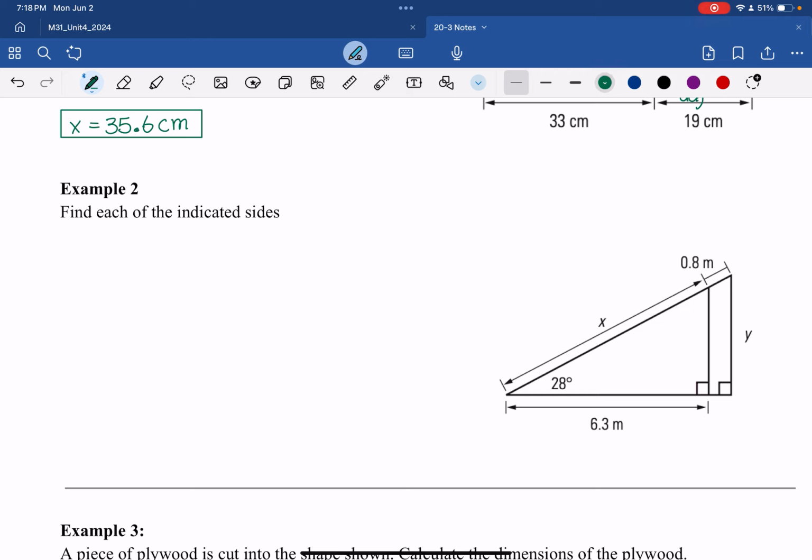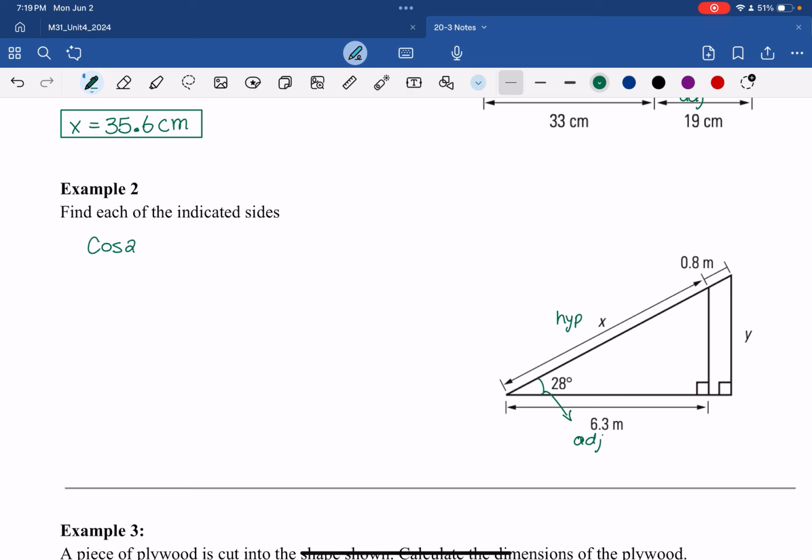If I look, I have this angle that is 28 degrees. This side length here, the 6.3, is my adjacent side to that 28 degrees. And then this x is my hypotenuse. Okay, so I want my hypotenuse, I have adjacent. If we look at our formula sheet and we try to figure out, okay, what pieces of information do I have, you should hopefully figure out that you can use cosine.